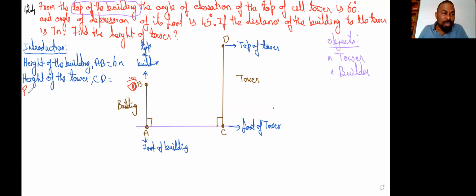Therefore, I like to call it the point of observation from where the elevation and depression are made. Point of observation, straight away, I like to call it B. Fine. Now he has observed to the top of the tower and to the foot of the tower.